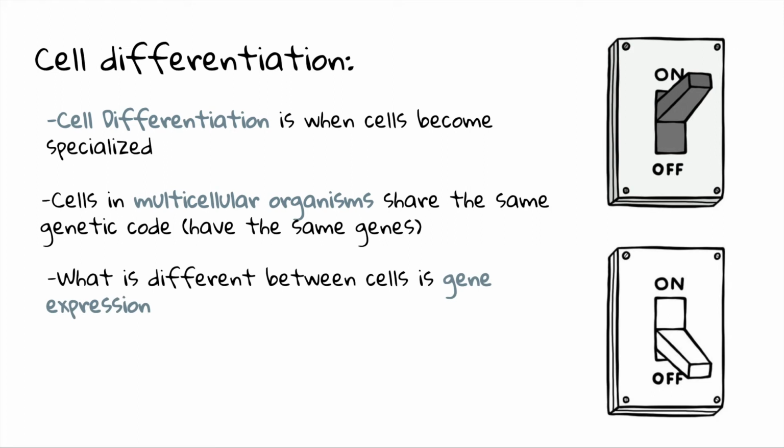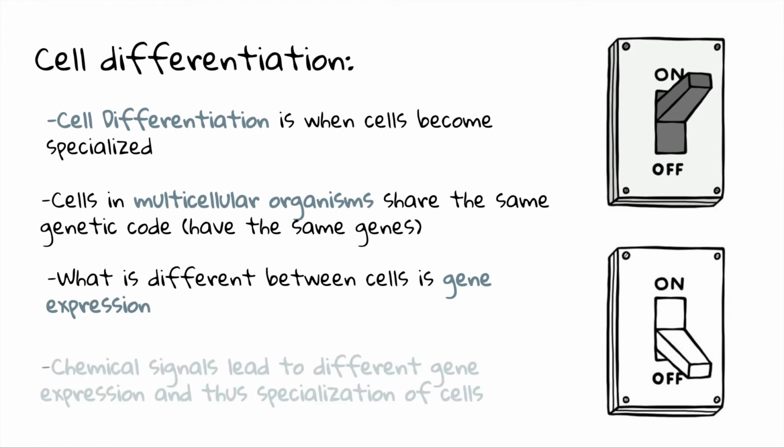So the difference between certain specialized cells is the gene expression. And it is chemical signals that lead to different gene expression and thus the specialization of cells.